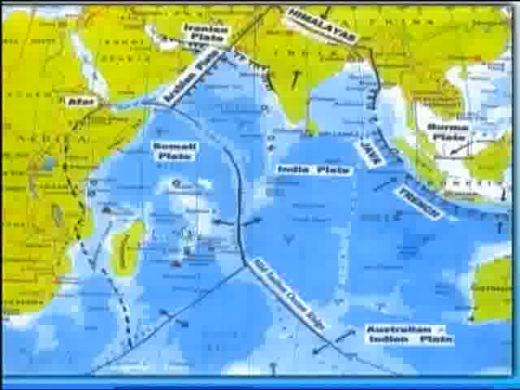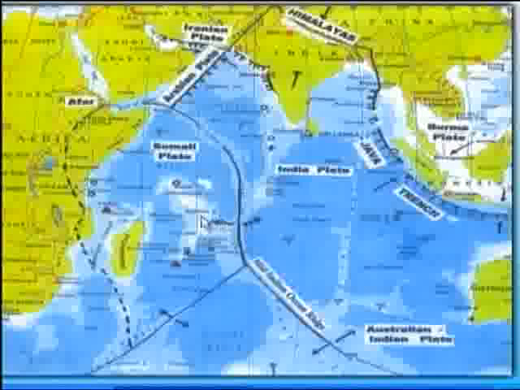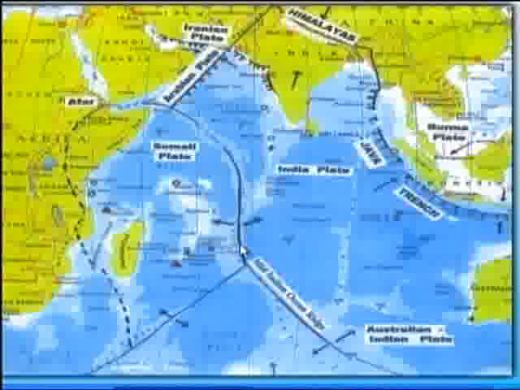As I mentioned earlier, here this is a plate margin. It is a divergent plate margin, and therefore, Réunion being a hotspot, we are all far away from a plate margin. Therefore, the risk of earthquakes in the region of Mauritius is quite low.